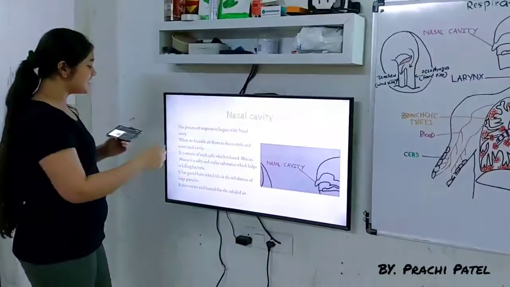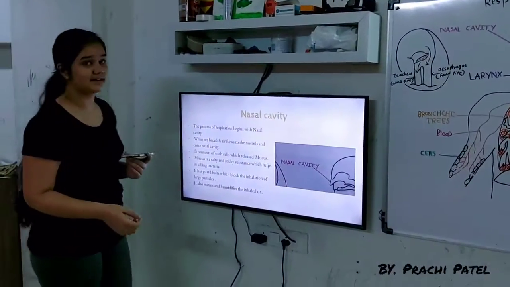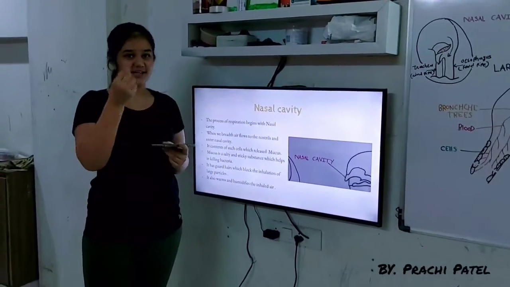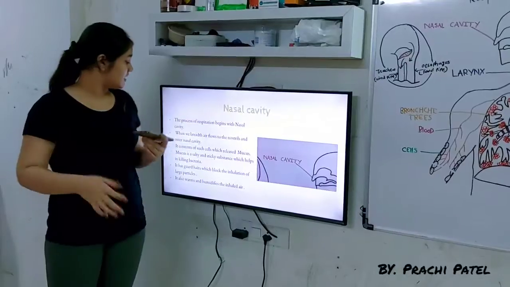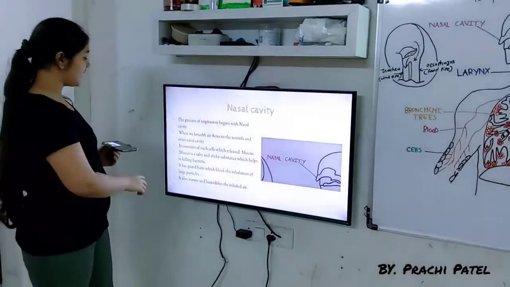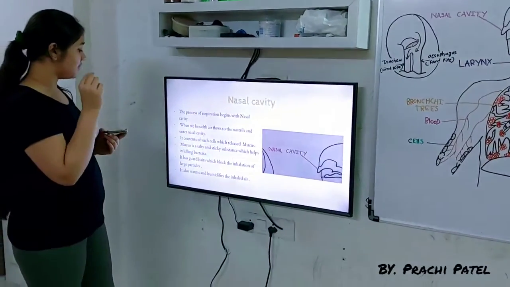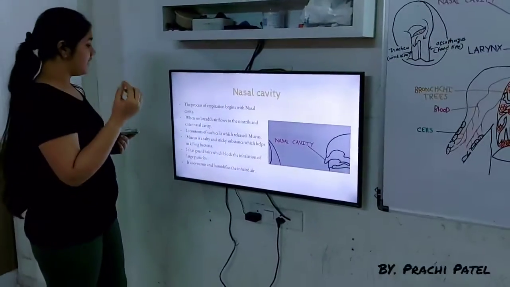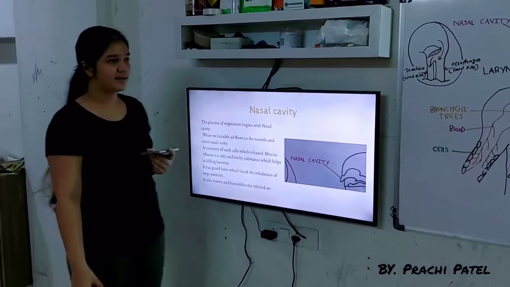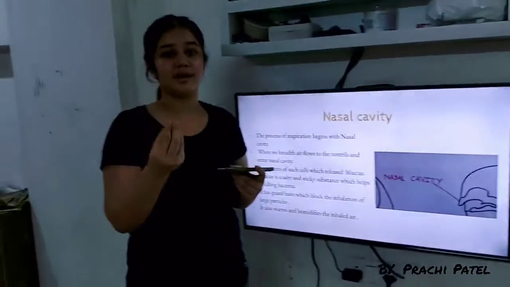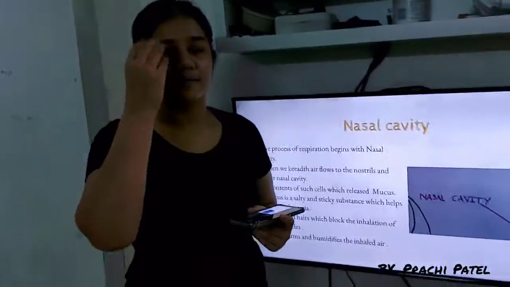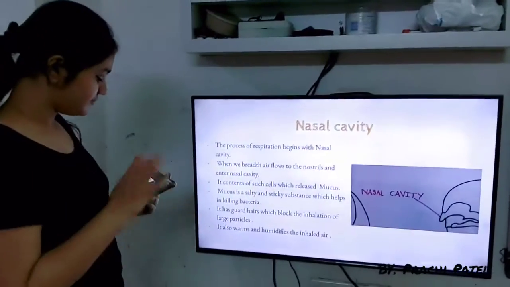Mucus is a salty and sticky substance which helps kill bacteria. It also has nose hair which blocks the inhalation of large particles. Our nose hair stops large particles from entering our body.